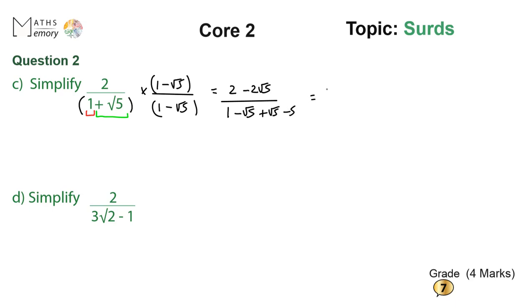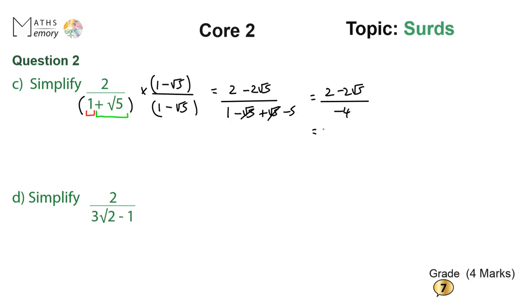Now, 2 minus 2 root 5 is your numerator still. Now, your denominator, we cancel a few things down over here. We have basically minus root 5 and plus root 5, which cancel. That's why these were the opposite signs, in fact. And 1 minus 5 is simply minus 4.